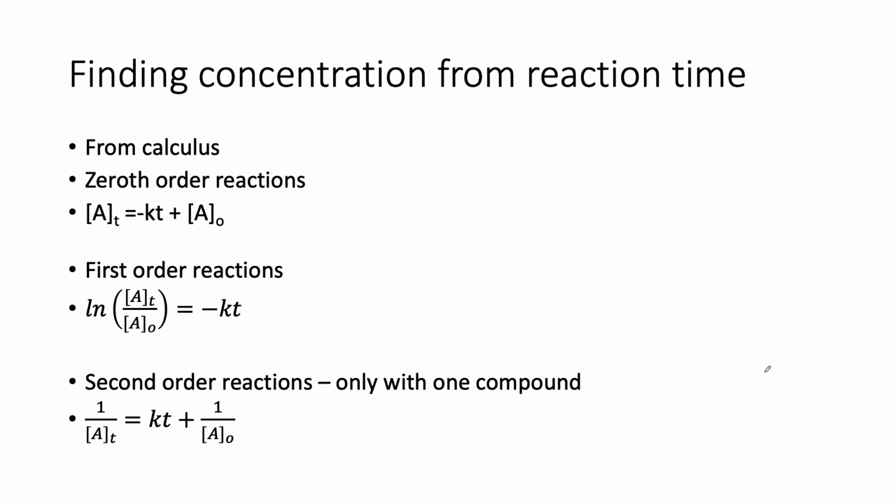Now, you also have to find concentration from reaction time. All these equations that we listed here come from calculus, and this also matches the graphing. Remember, if the concentration of A versus time is a straight line, it's zero order. If it's log of A versus time, a straight line, it's first order.